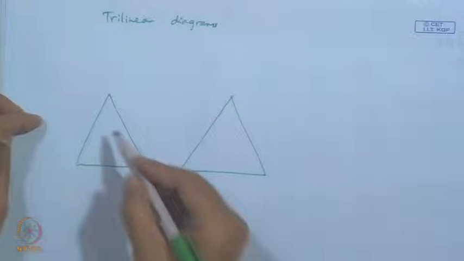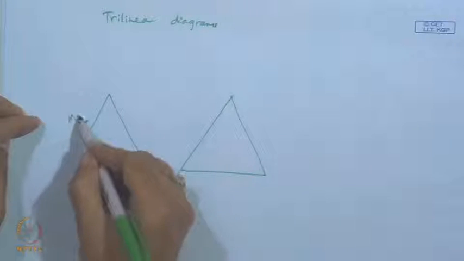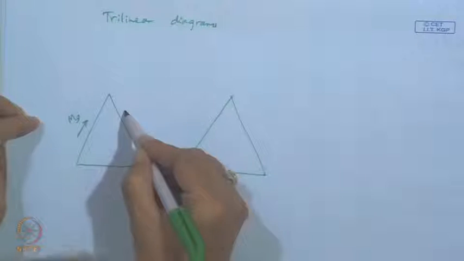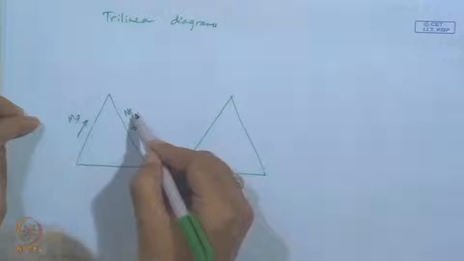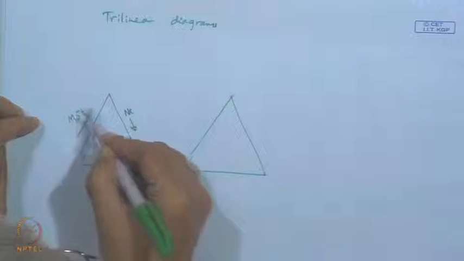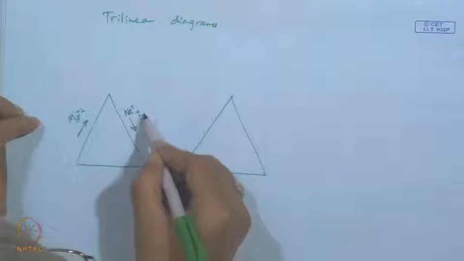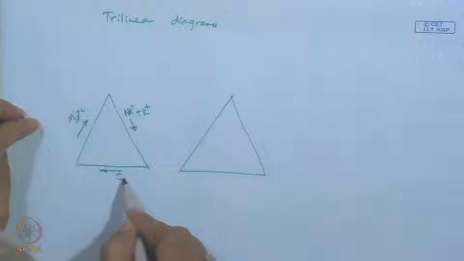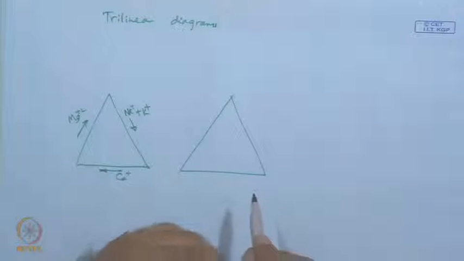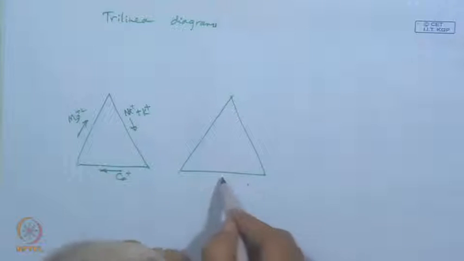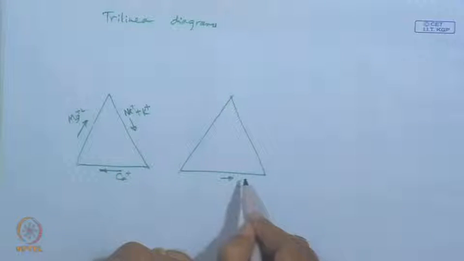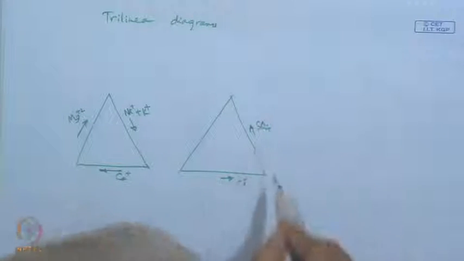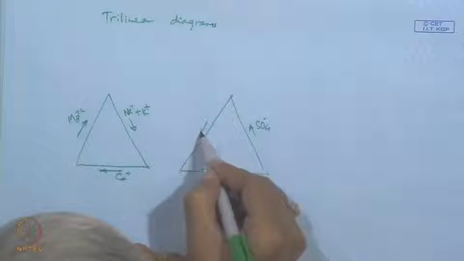The left triangle will have the cation concentration, so this is Na plus K, and here Ca, and the right side will have anion concentration.